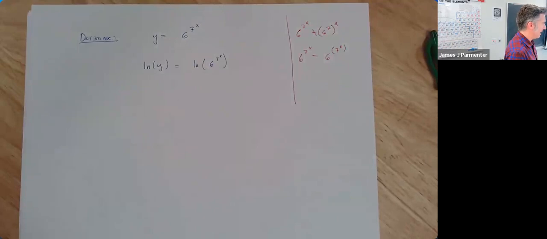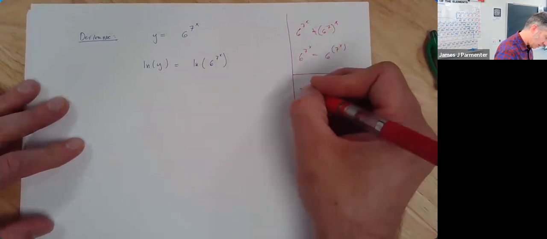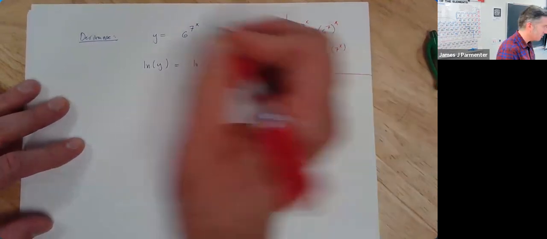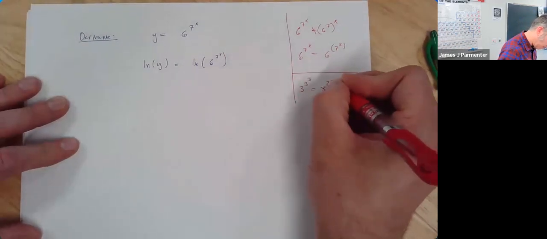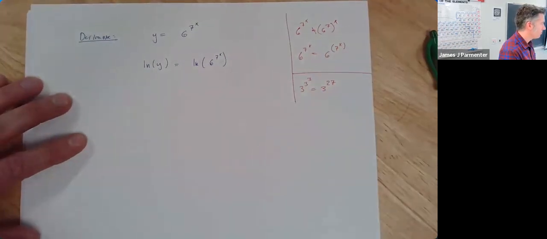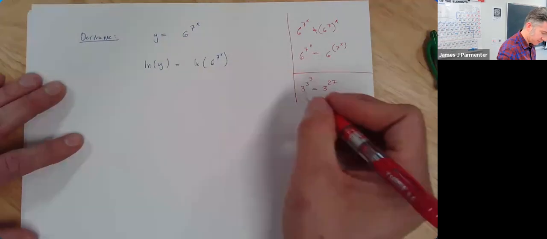Kind of annoying, but it's how we have decided things are going to work. So for example, if someone said, what's 3 to the 3 to the 3? That's equal to 3 to the 27th power. It is not equal to 3 to the 9th power. So yeah, it's kind of interesting.